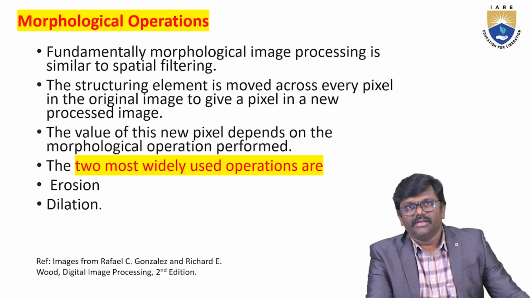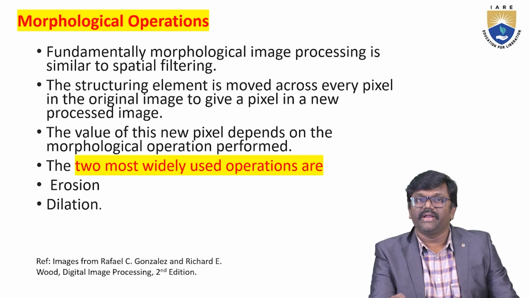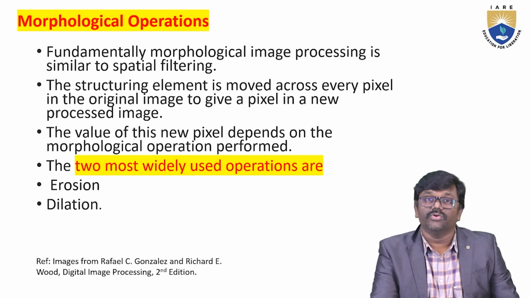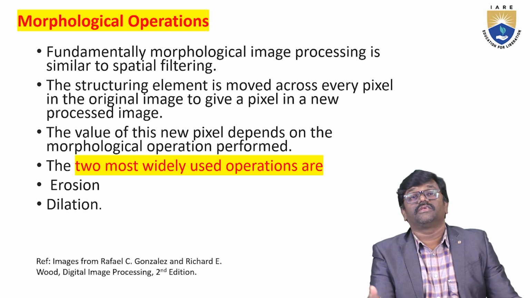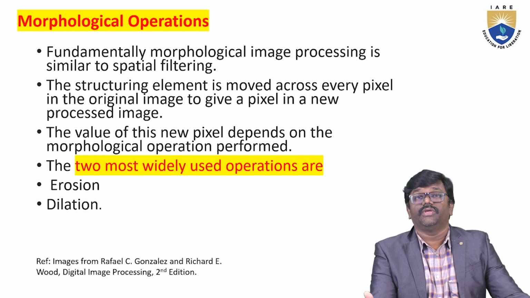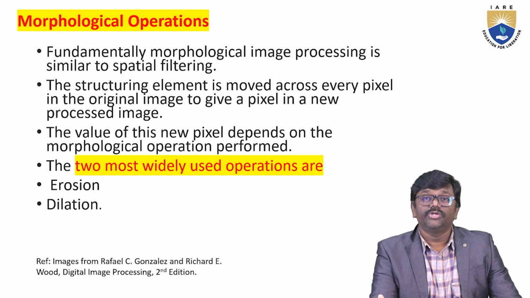See here, we understood so far the structuring element. Once we understand the structuring element, then immediately we can use morphological operations by using this structuring element. So what are the morphological operations we want to concentrate on? There are two.